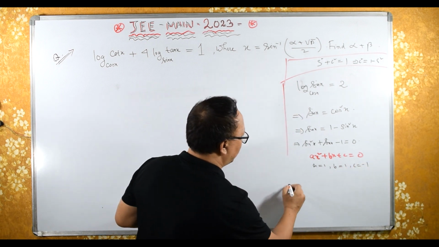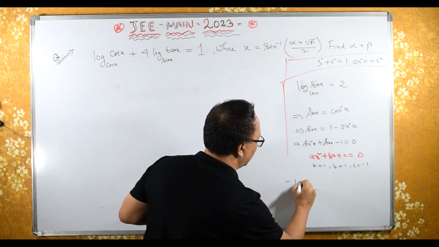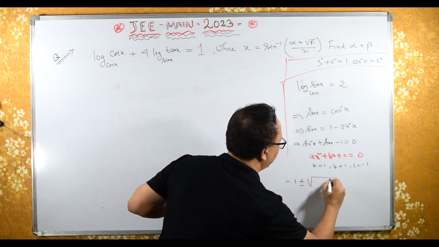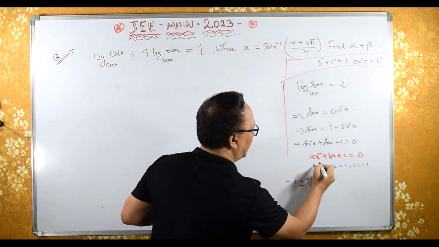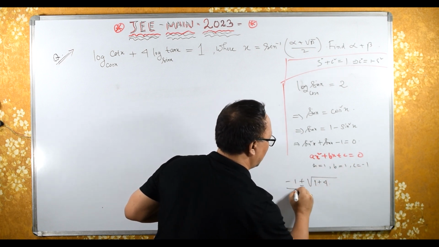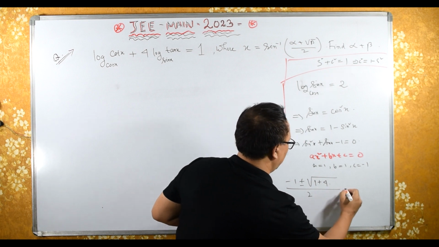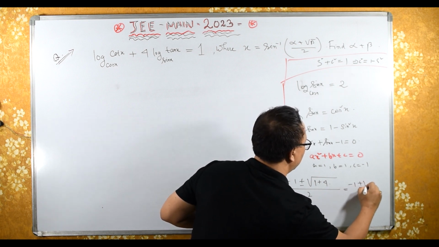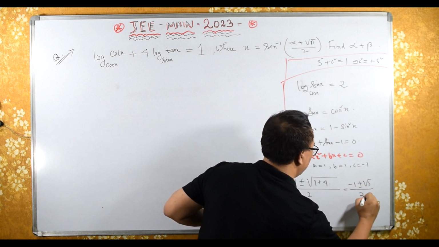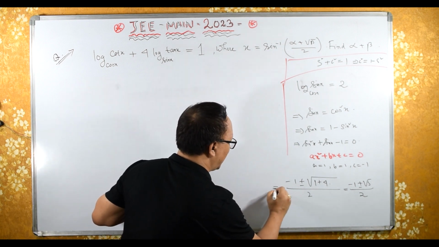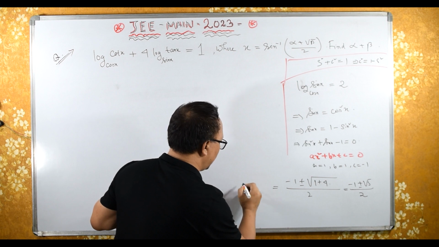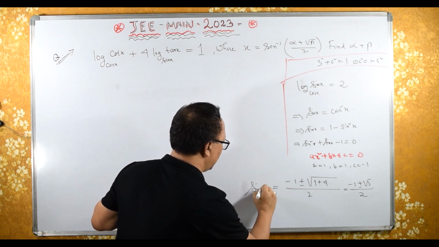Its roots are minus b, minus 1, plus minus root of b square, means 1 square is 1 minus 4ac. Okay, here plus 4 upon 2 into 1. Therefore, here minus 1 plus minus root of 5 upon 2. Okay. This is what? The roots of sin x. Values of sin x. You can say sin x equals to this.